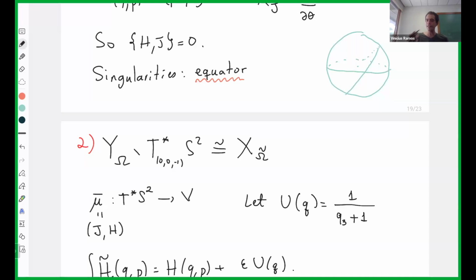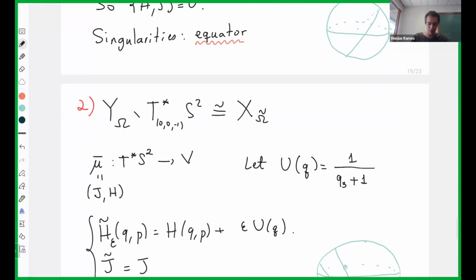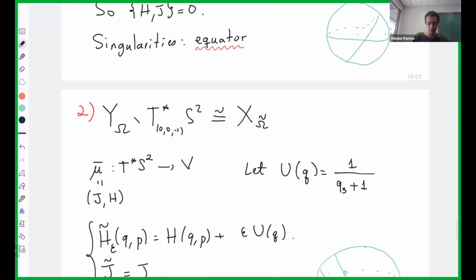So this goes back to the idea that we had in the paper with Brian and Alejandro. But now, because we already have an RP3 toric domain, we were almost there. So we basically already have this J and the H. So this Y omega is already RP3 toric. So all we have to do is remove that fiber.